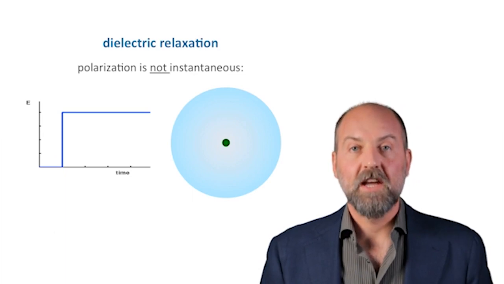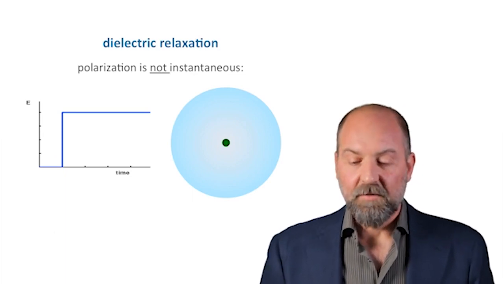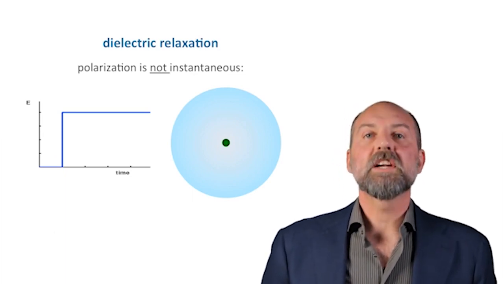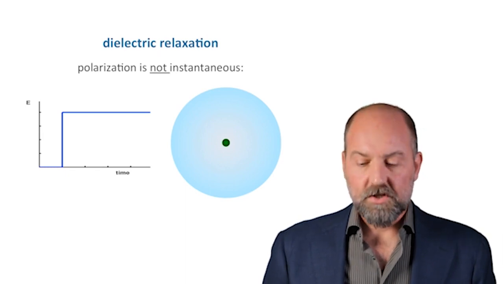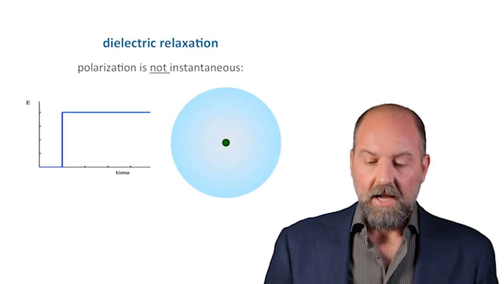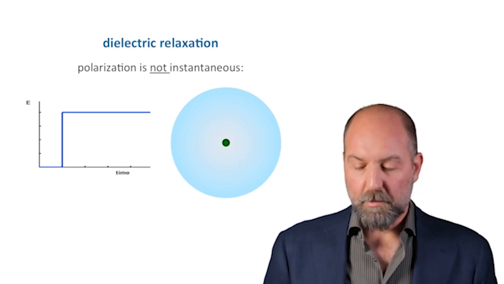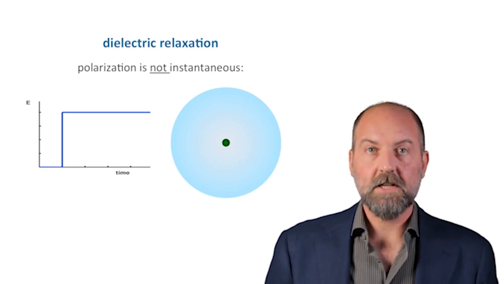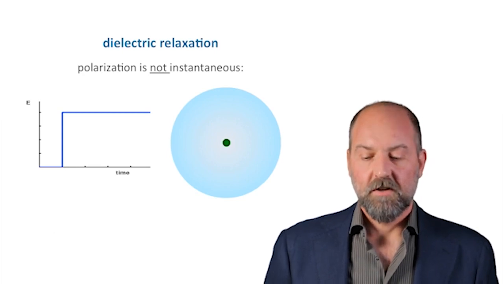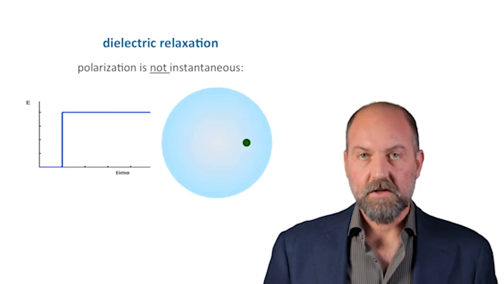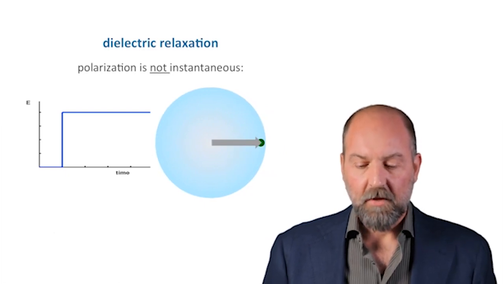We will never apply a DC electric field. So let us consider again the polarization by deformation example. I slow down the process on purpose, so let us pay attention to how long it takes for the system to polarize. You see, it takes a finite time.